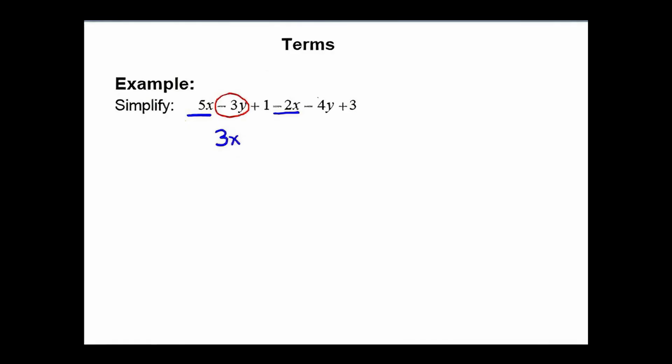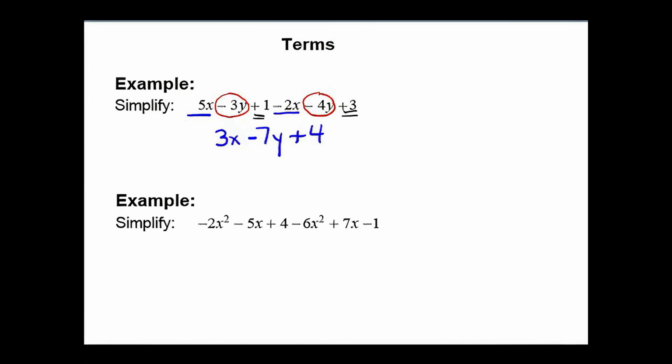Remember, the sign is with the piece after it. And these are like signs. We're going to add and keep the sign. One copy of the variable. And last, we'll do our constants. These are like signs. So we're going to add and keep the sign.